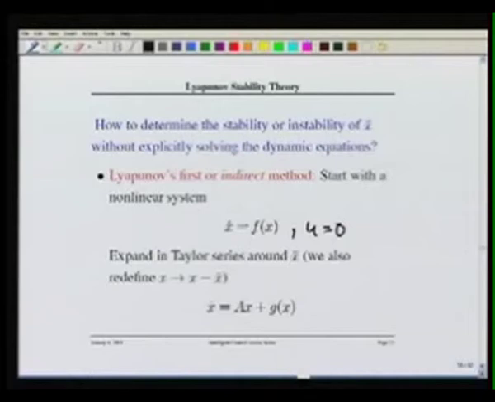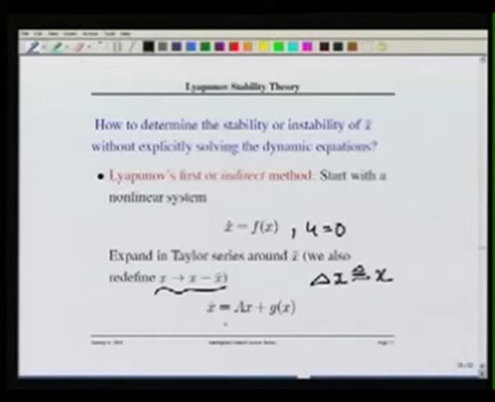Now, I linearize the system, and the delta x that we wrote earlier, I am again redefining as x, just to keep our notation very simple.